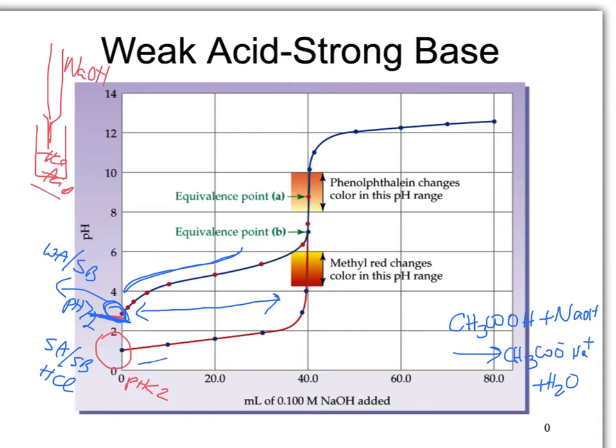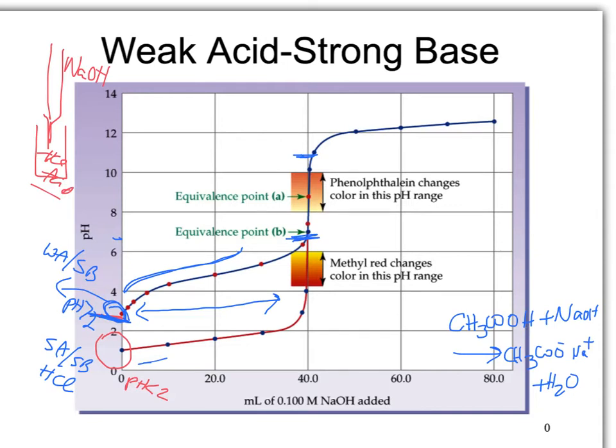I want you to also focus on the point of inflection. Notice you go from somewhere around 6.5-ish or so to about 10. So that's about 4 units as against about 8 units in the case of the strong acid, strong base titration.